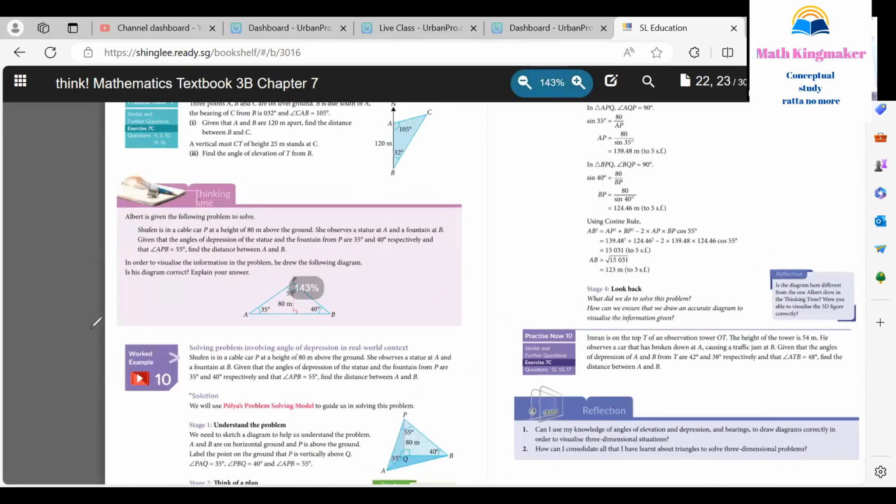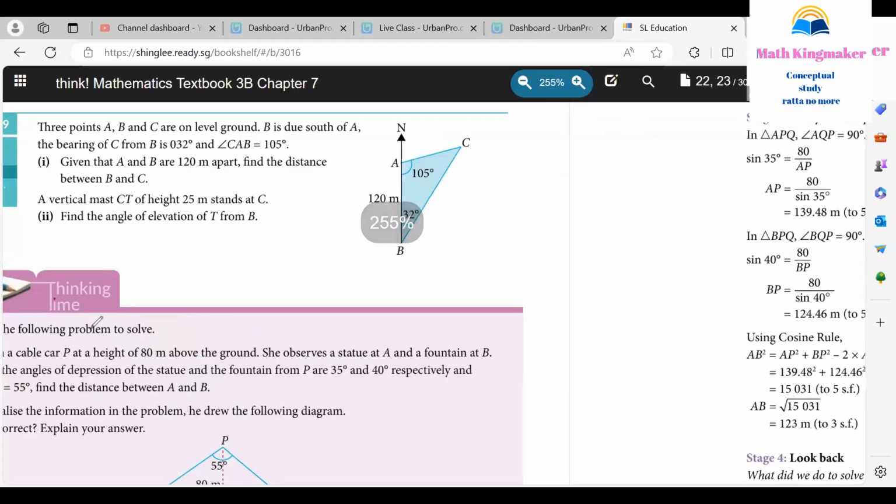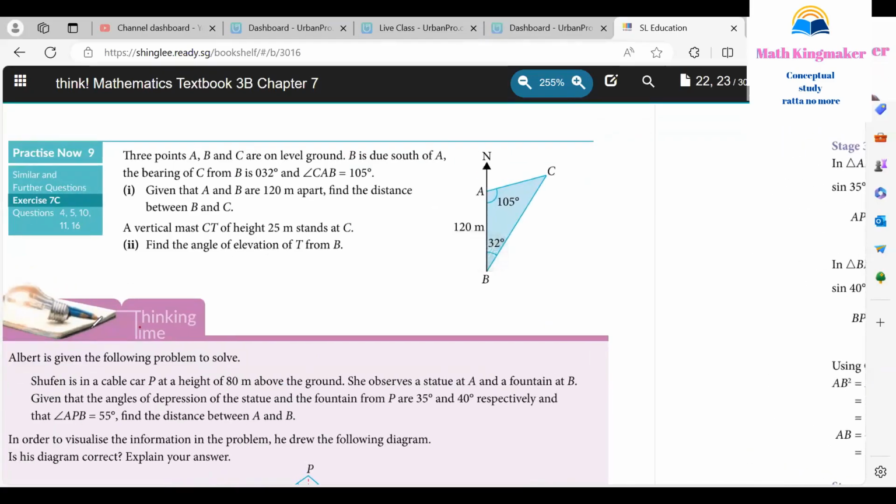Okay. So this is the next question, question number 9. You can try it. Did it? Yes, we're getting 169. BC is 169. Yes, sir.